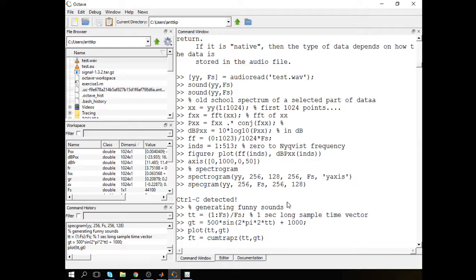Yes, x and y. So numerical integration. Okay, so not just any integration one, cumulative integration.